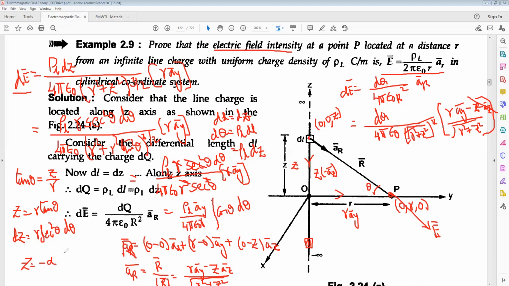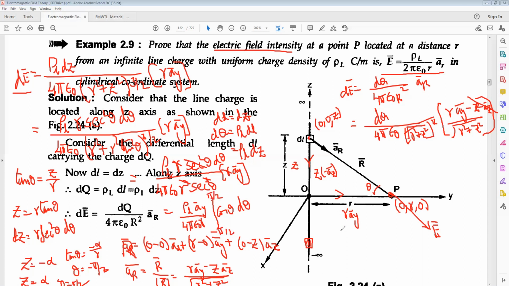When z is equal to minus infinite, tan theta is equal to minus infinite by r, so theta is equal to tan inverse of infinite. That is nothing but minus pi by 2. And when z is equal to plus infinite, theta is equal to pi by 2. So we take the limits minus pi by 2 to pi by 2.